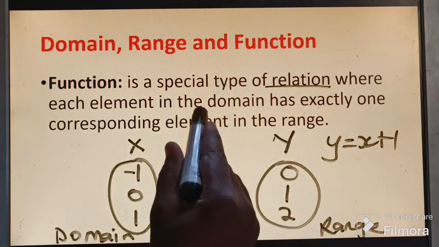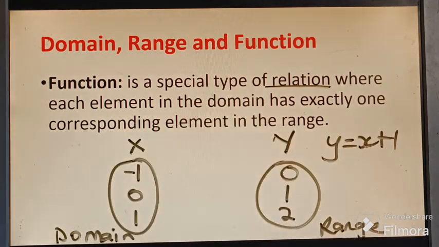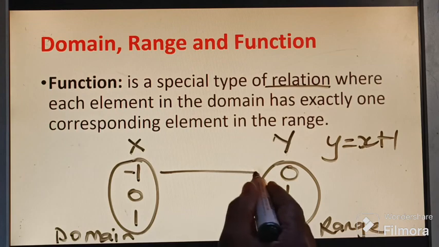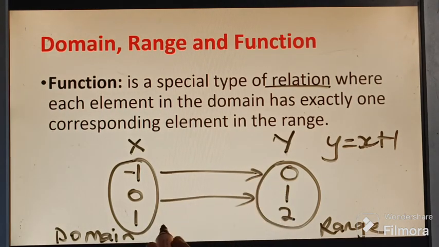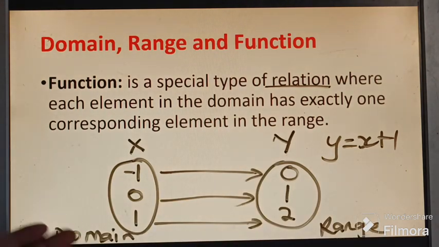So where each element in the domain has exactly one corresponding element in the range. So if we map them like this, as we have been doing with the examples, so we're saying now this is a relation, but what type of a relation? It is a function.